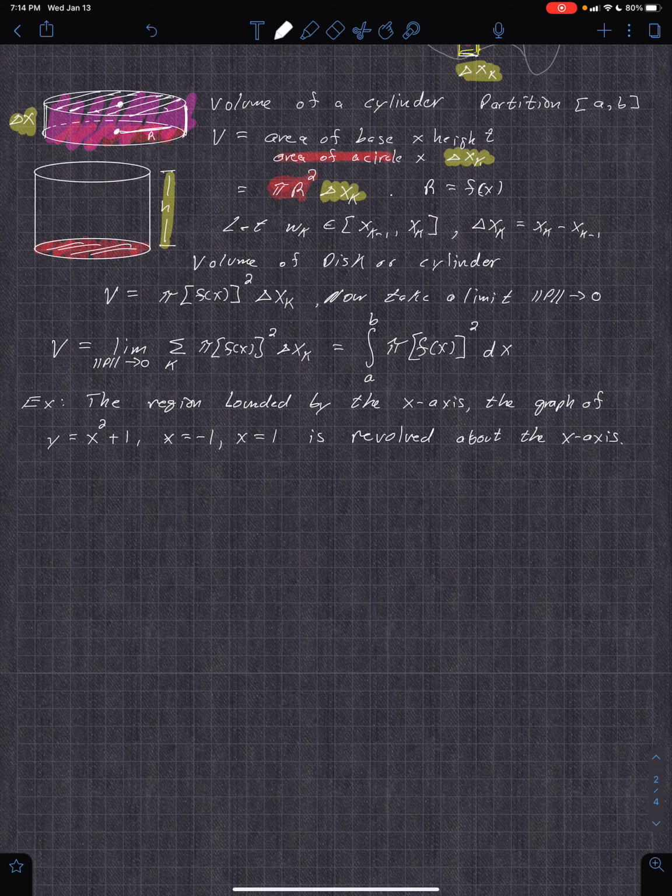So that's what we just did above. Find the volume of the resulting solid.